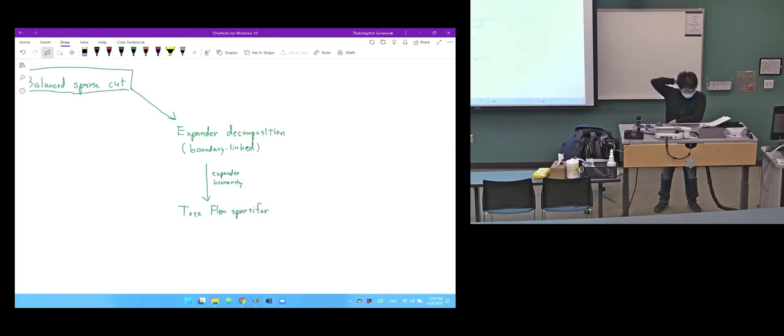But we also see a lot of other sparsifiers in class. For example, we see that we can get a good approximation cut sparsifier.